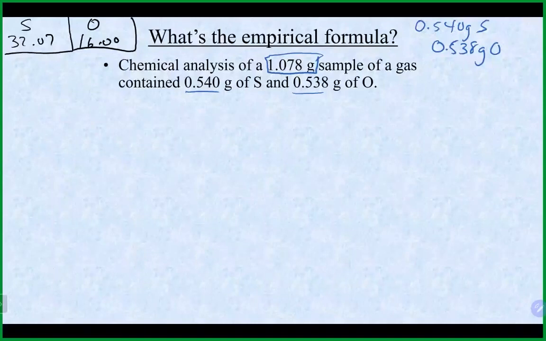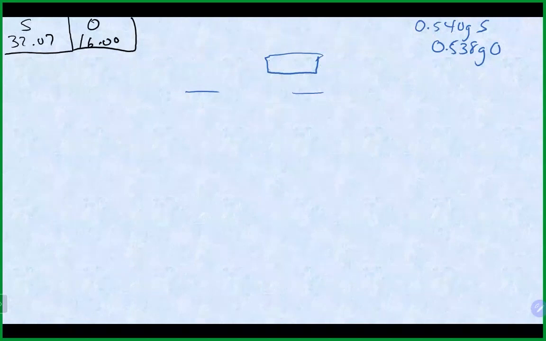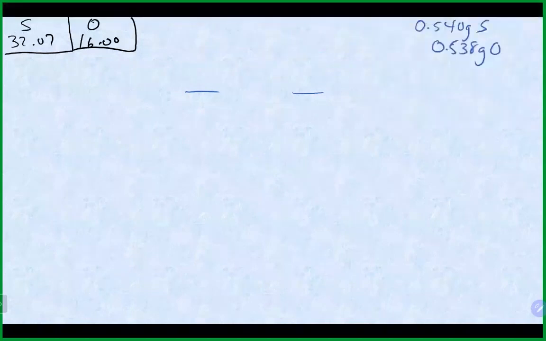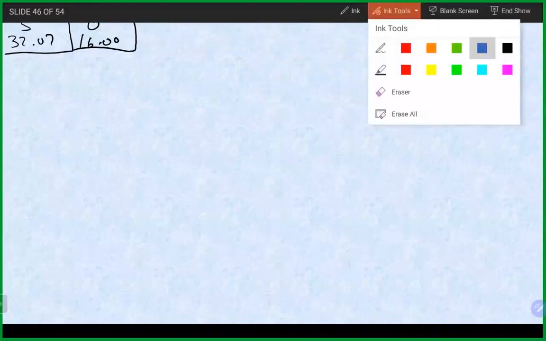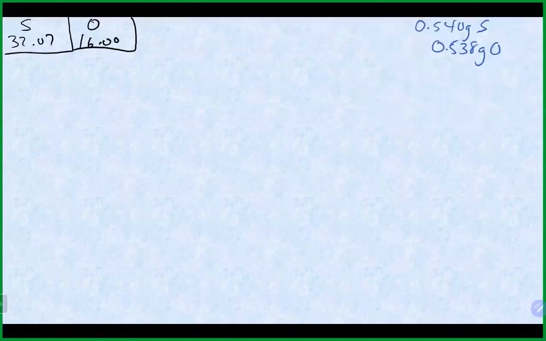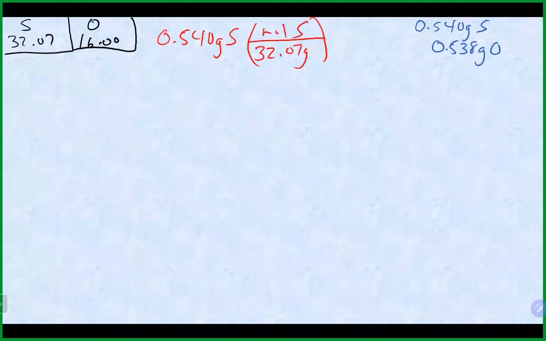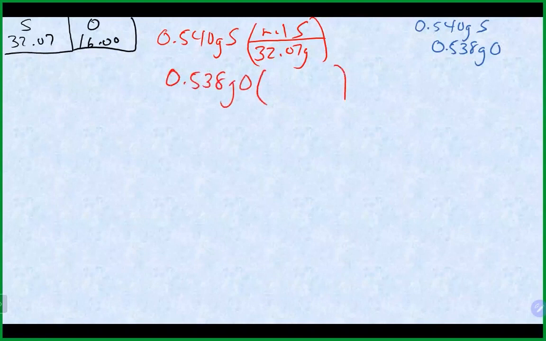In this case, we really are just going to take our grams of each of the elements which were given to us, and convert them into moles. So using the periodic table, we take our 0.540 grams of sulfur at 32.07 grams per mole, and our 0.538 grams of oxygen at 16 grams per mole.